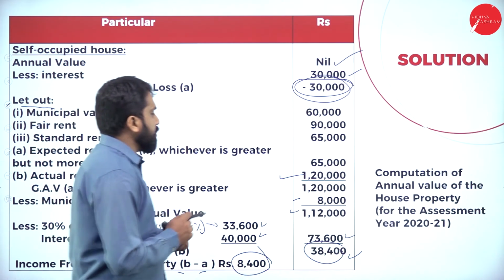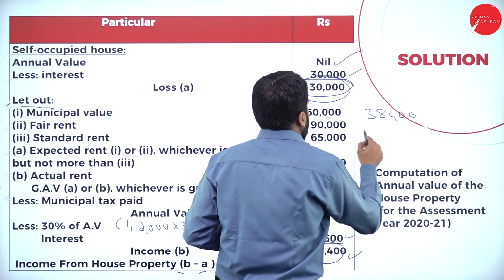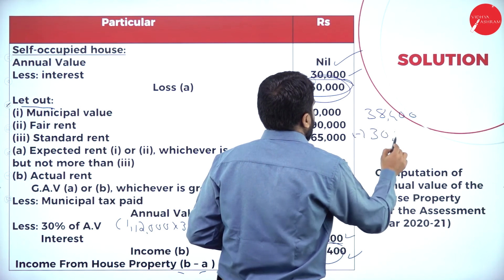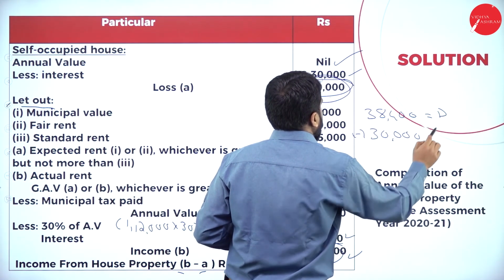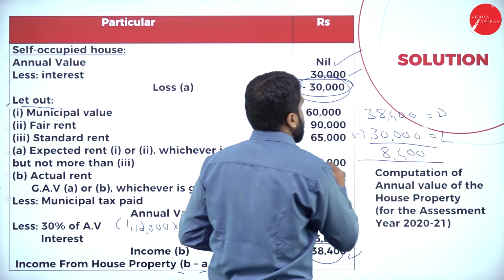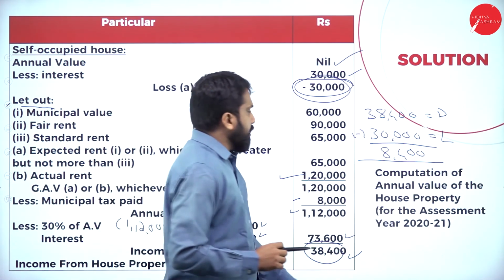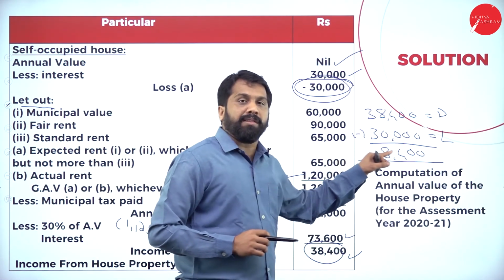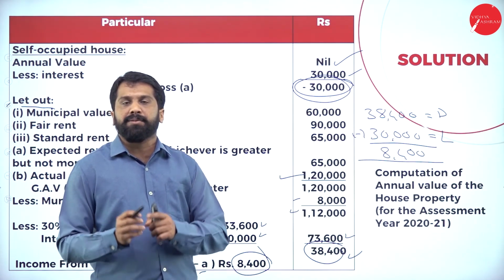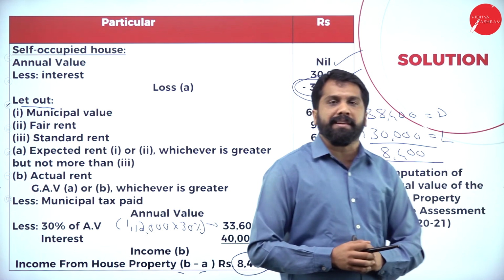How? 38,400 minus 30,000, because this is in profit, this is in loss. So final taxable is only 8,400. You are supposed to pay tax on this. This is not your tax value. On this, you should calculate tax. Hope you understood. So, this is all about your house property calculation.